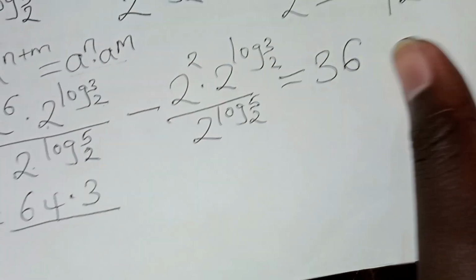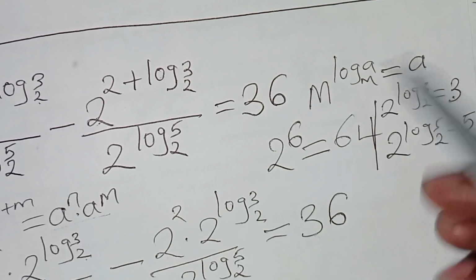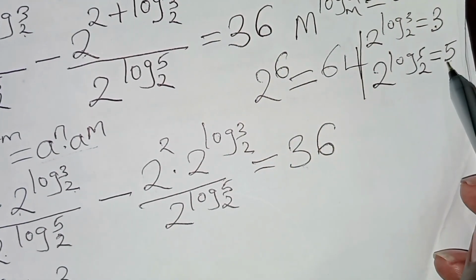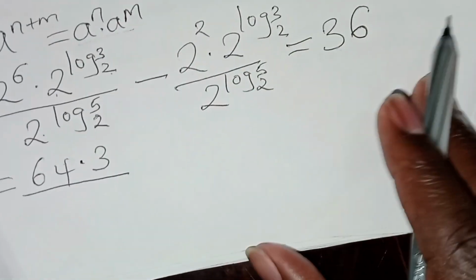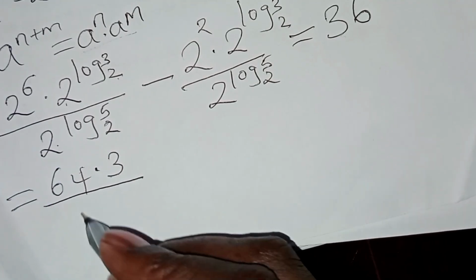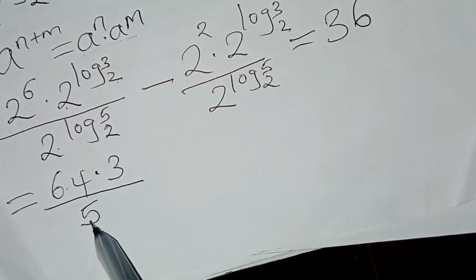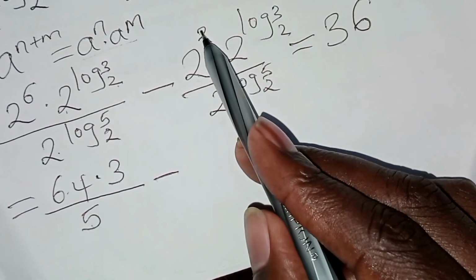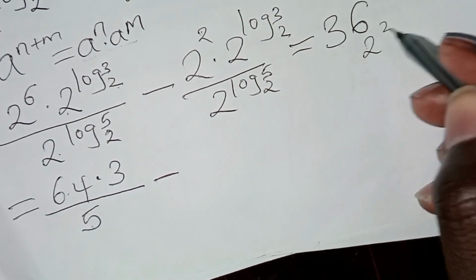Applying this logarithm property, 2 to power log 5 to base 2 is equal to 5. So let's substitute 5 here, so that now in the denominator we have 64 times 3 divided by 5. Subtract, here we have 2 to power 2, which is equal to 4.